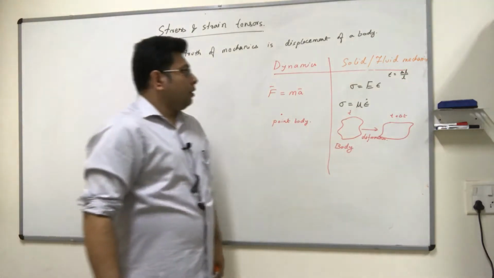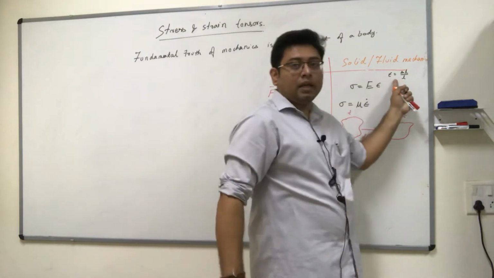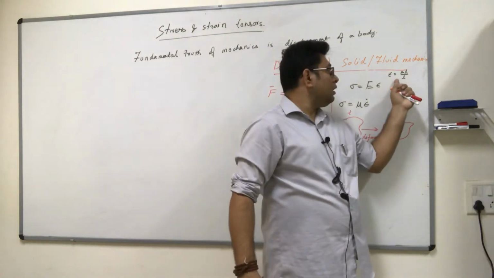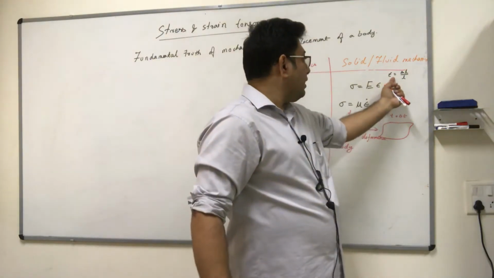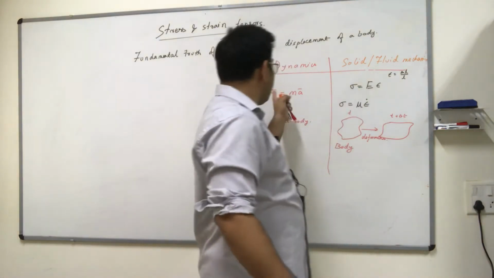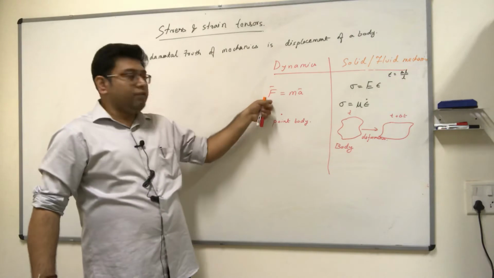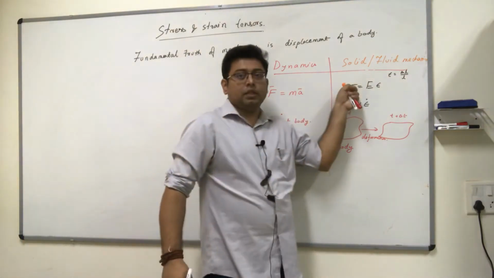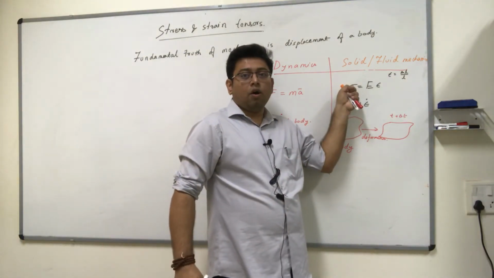Okay, but this is obviously a very simplistic idea because it's a scalar quantity right now, and for this stress, I have not done anything to it, so I have not drawn a bar. So the question is, if force is a vector, what is stress? Is stress automatically a vector?